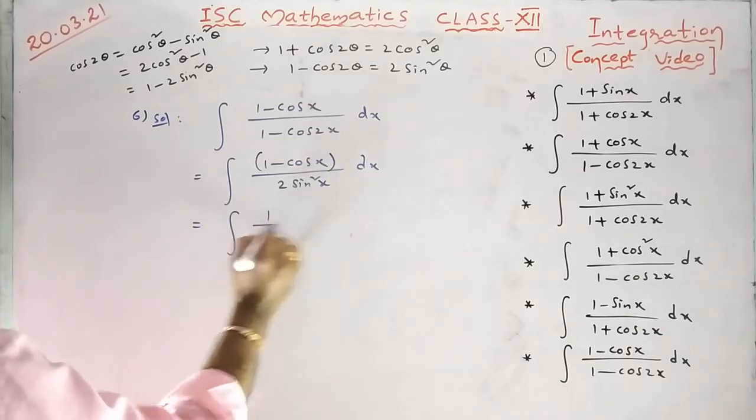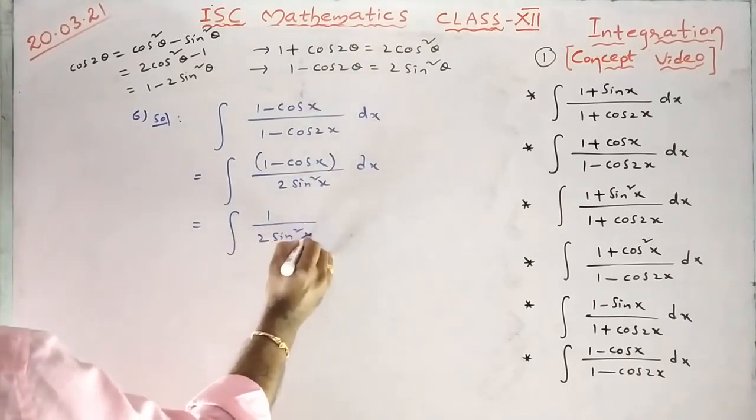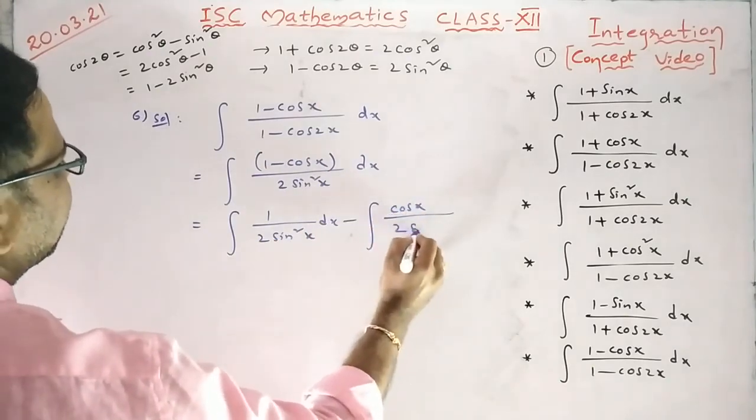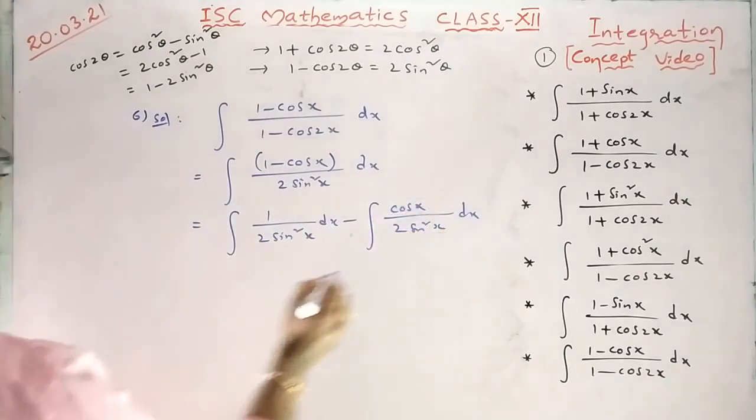So integration of 1 by 2 sin square x dx minus integral cos x by 2 sin square x dx.